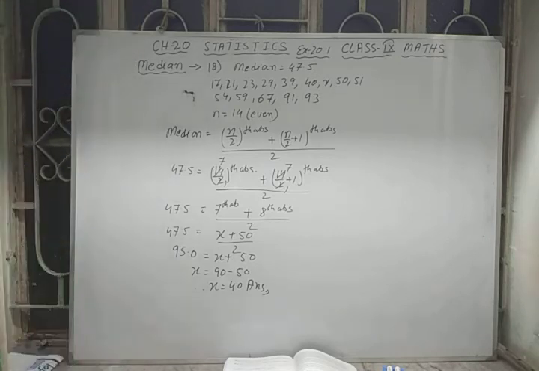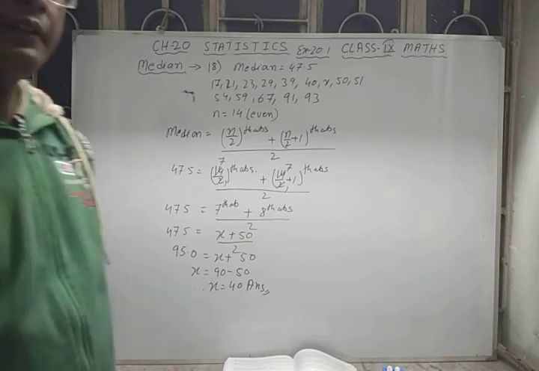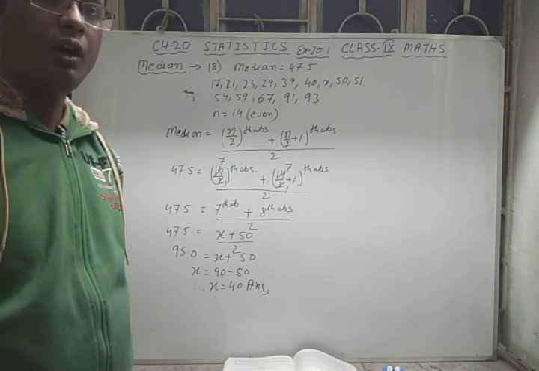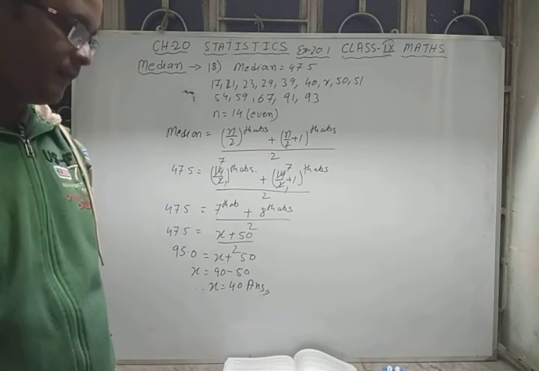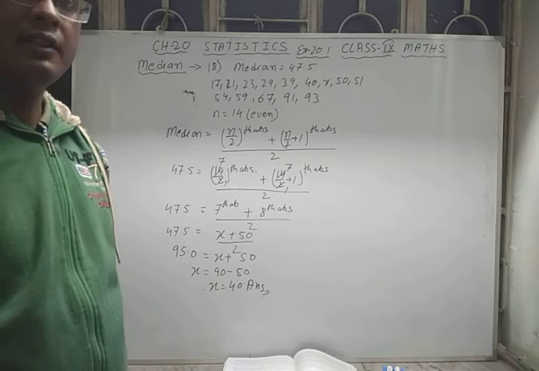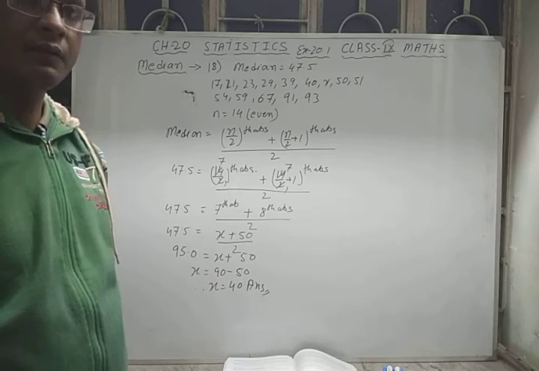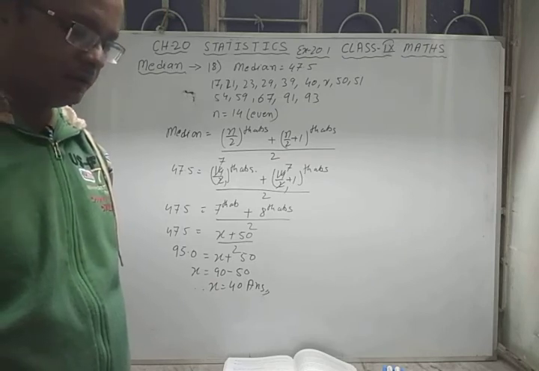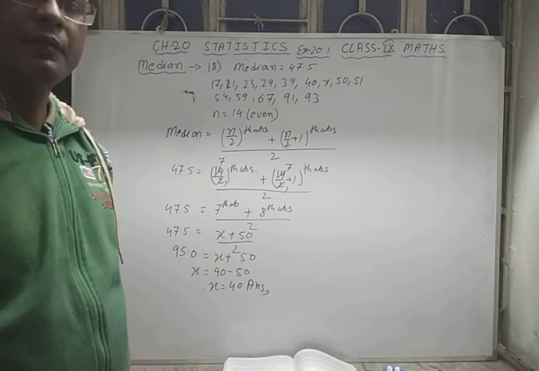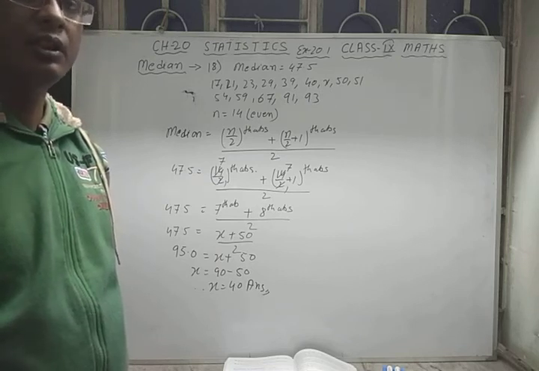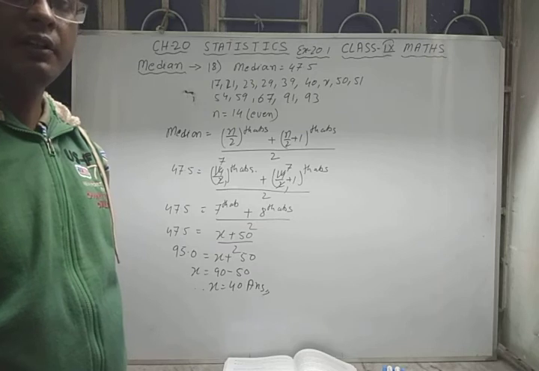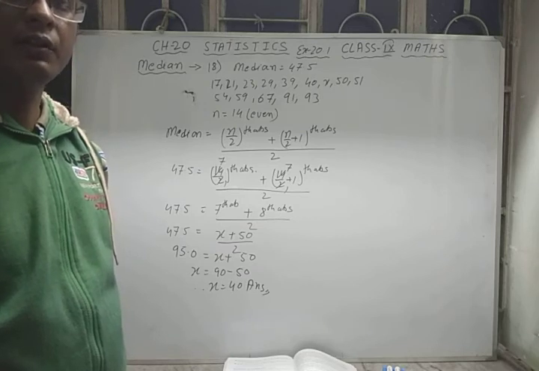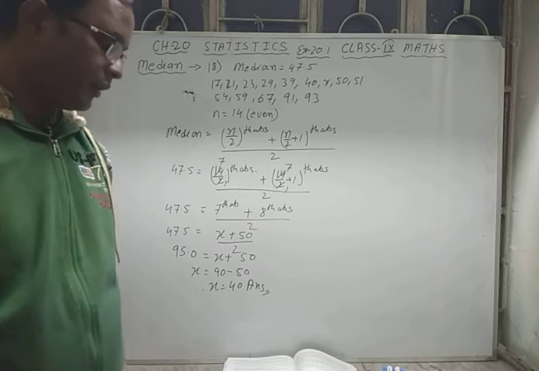Okay students, I hope you have understood in these two videos how to find the mean and median of ungrouped data. I think this is the last video session class. From the next class we will be in school for your offline classes.